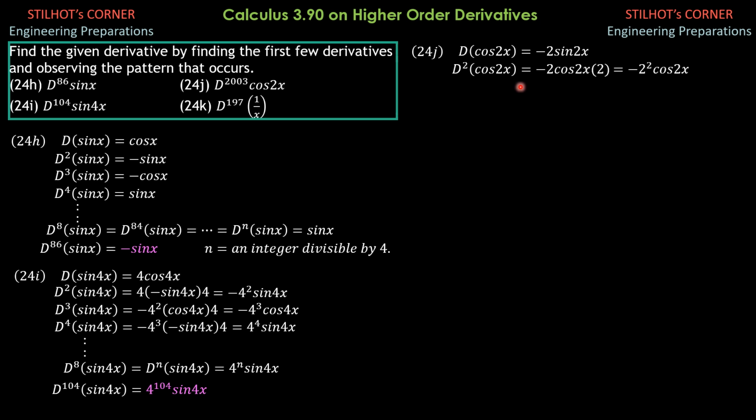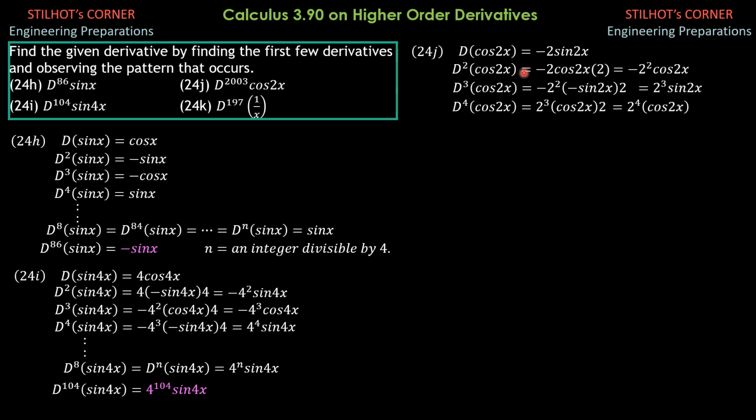The third derivative is negative 2 squared times negative sine 2x times 2, so that's positive 2 cubed sine 2x. The fourth derivative is 2 cubed cosine 2x times 2, so that means it is 2 to the fourth cosine 2x.